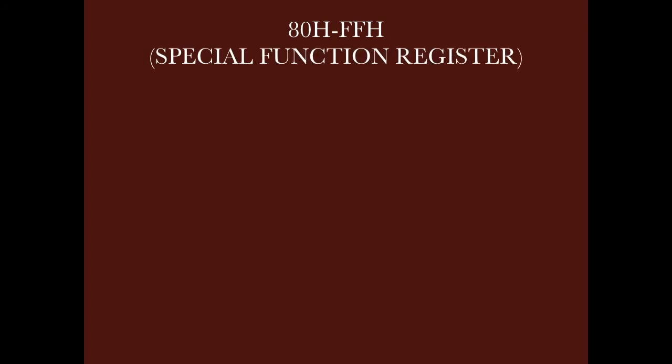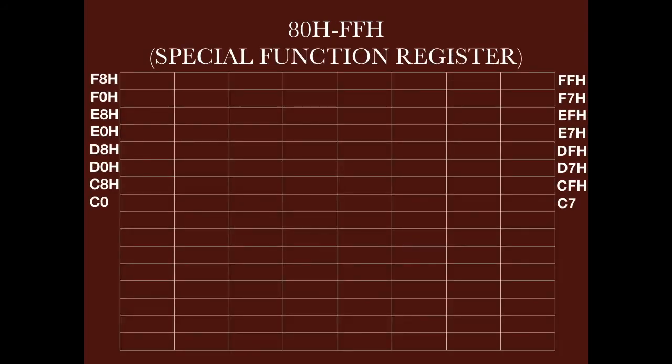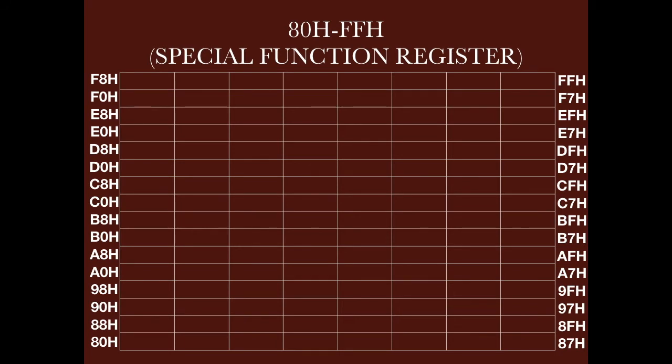Coming to 80H to FFH, that is the special function registers. Although we have 128 locations here, in the 8051 only a few locations are used. Like from 80H to 87H, the first location is for port 0, the second is for the stack pointer, then DPL and DPH.